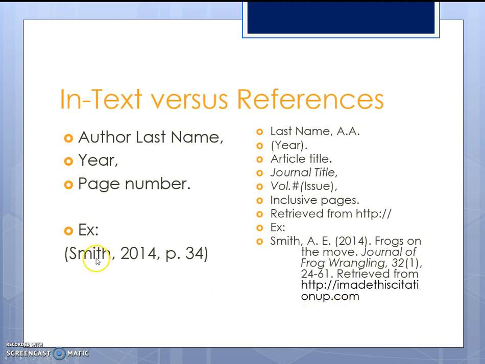You'll notice that Smith, published in 2014, Smith, published in 2014. This is the short version, this is the long version. The in-text literally appears in the text of your paper, and the references is the long version that allows you to actually find the source and appears on your references page. Hopefully that makes sense.